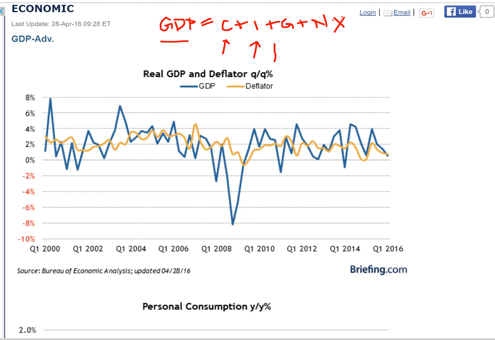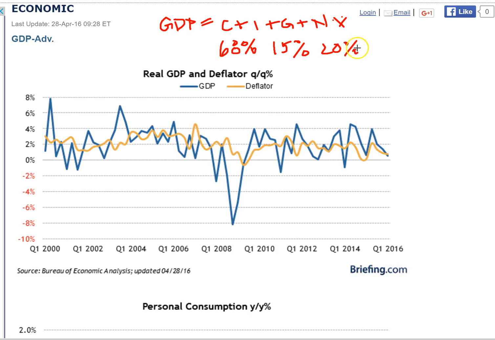Now, we know that output made for households, that's the biggest component of GDP. Roughly 68% of all output are for households. For businesses, it's roughly 15%. Government, roughly 20%.